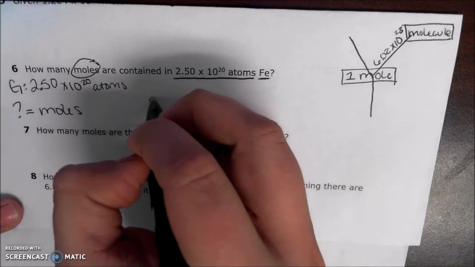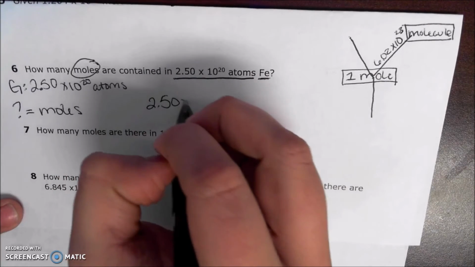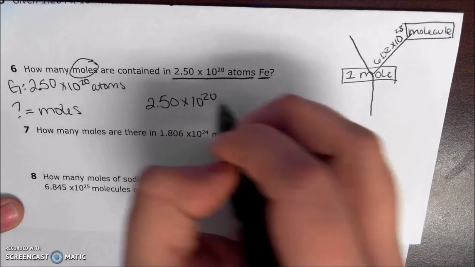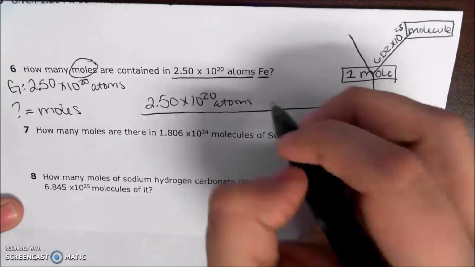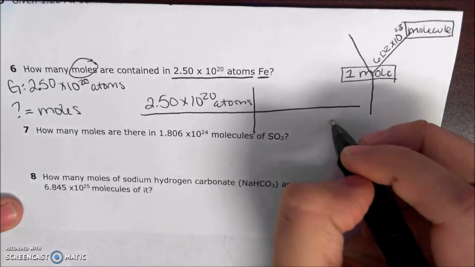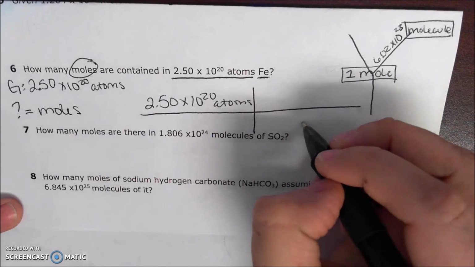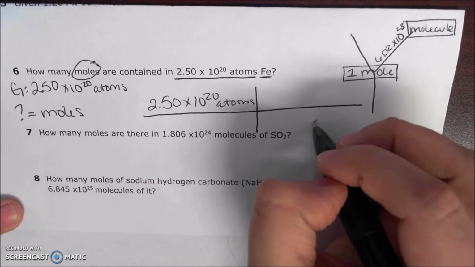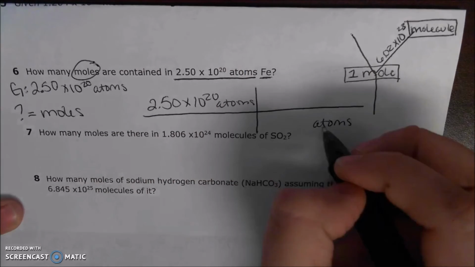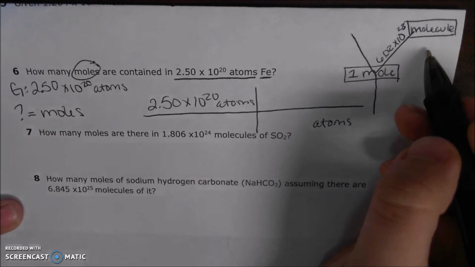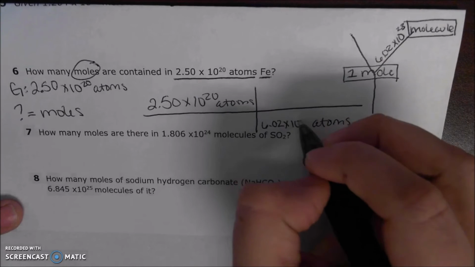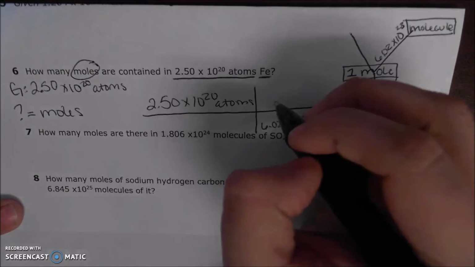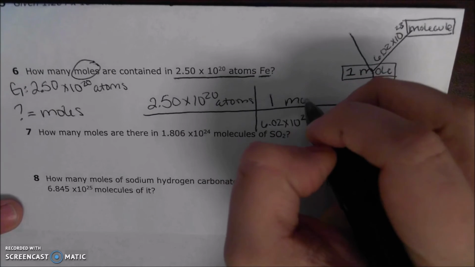So start with what you're given, 2.50 times 10 to the 20th atoms. Remember, because we have atoms here, we want atoms on the bottom. We said we could use atoms interchangeably with molecules, so it's going to be 6.02 times 10 to the 23rd atoms is equal to 1 mole.